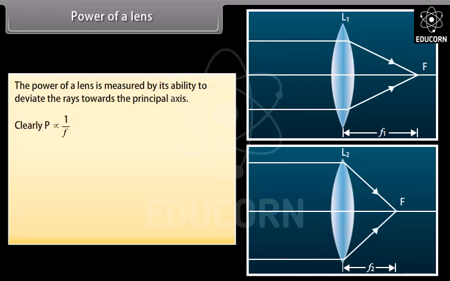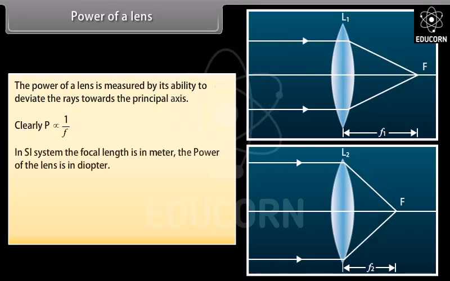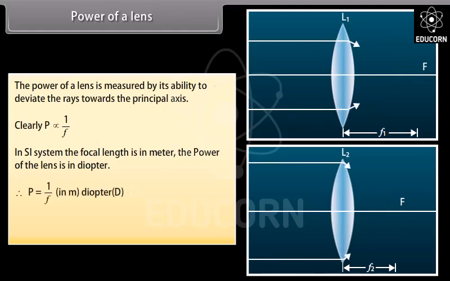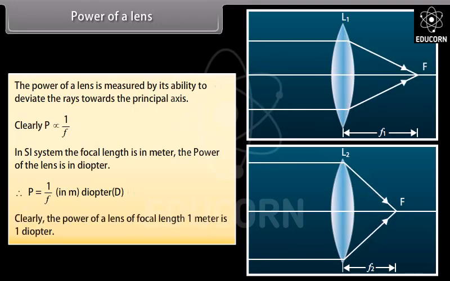Clearly, P is directly proportional to 1/F. In SI system, the focal length is in meter. The power of the lens is in diopter. Therefore, P = 1/F (F in meter), in diopter D. Clearly, the power of a lens of focal length 1 meter is 1 diopter.